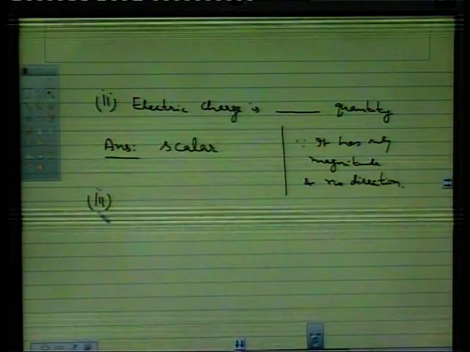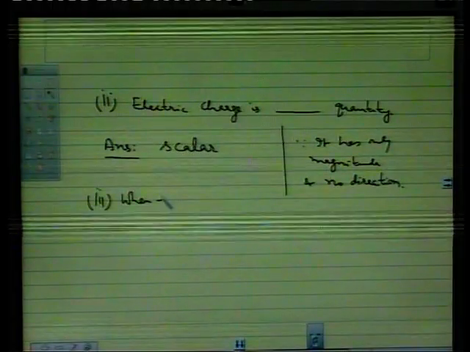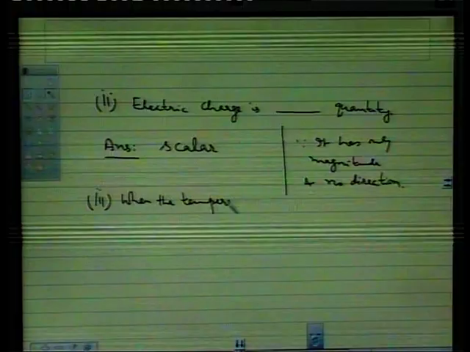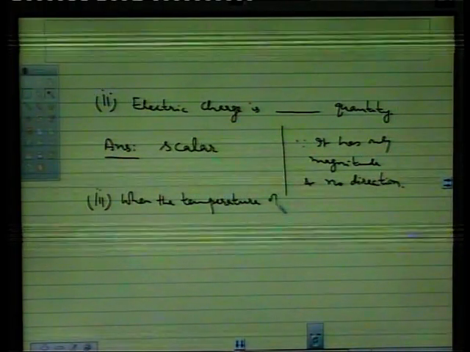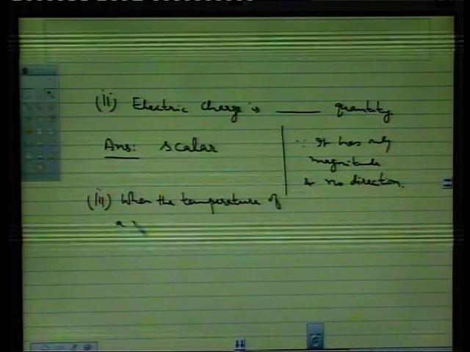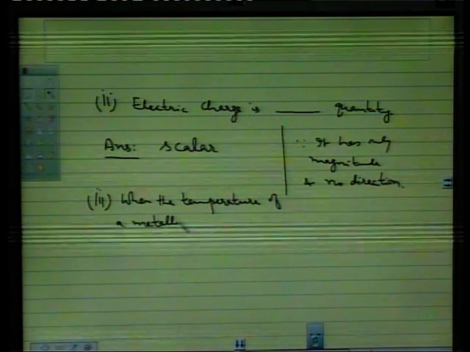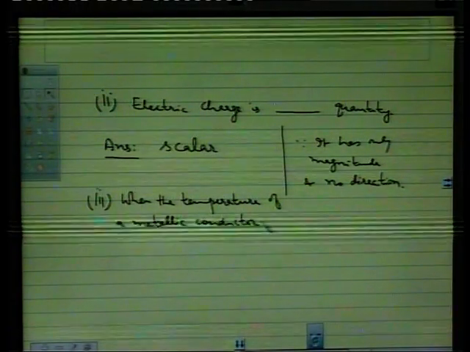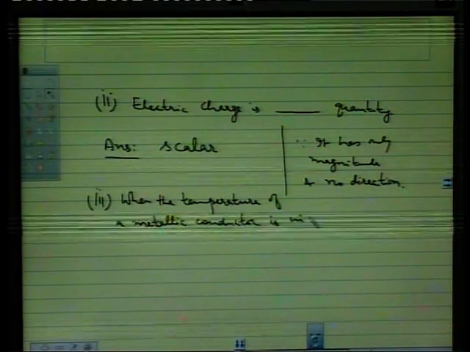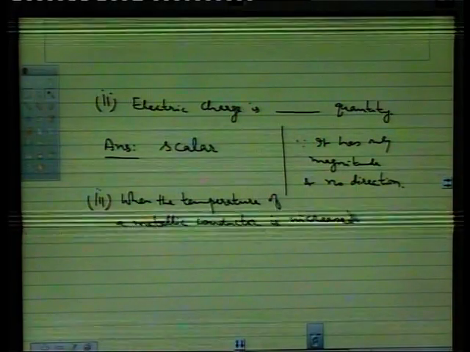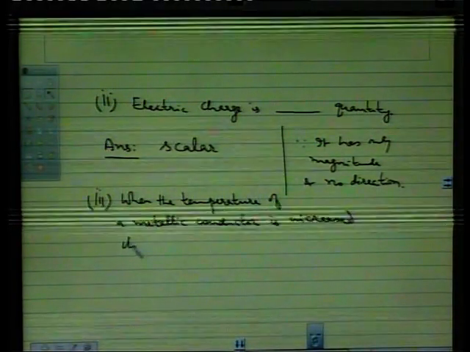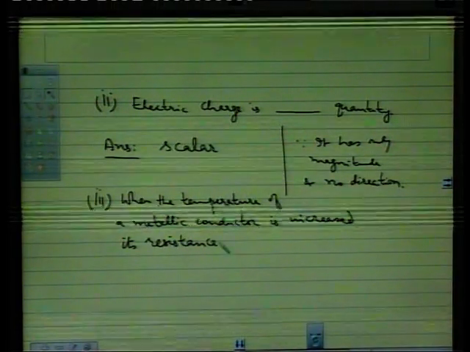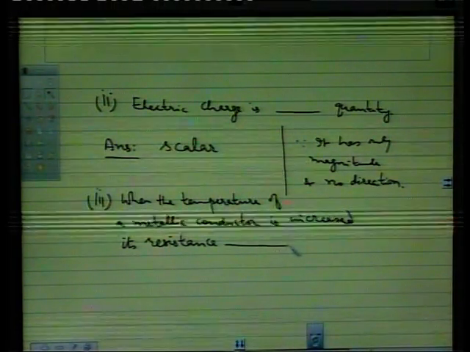The third question is, when the temperature of a metallic conductor is increased, its resistance dash.